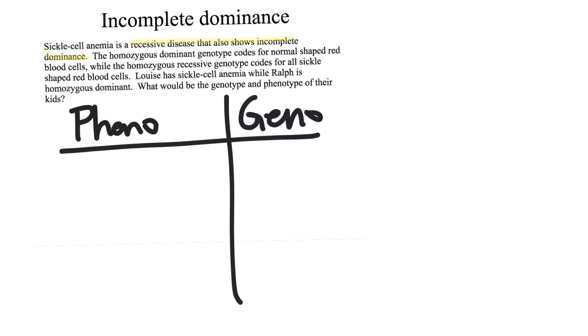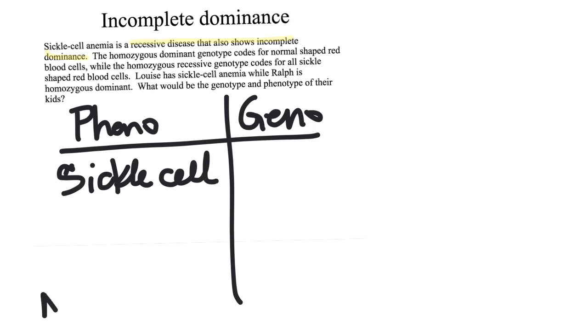This one will be a little bit more complicated than that, but that's generally the idea. So for the phenotypes, you can have sickle cell. That's one option. Or you cannot have sickle cell, no sickle cell. And I'm purposely leaving a blank in the middle for a reason. But those are our two general phenotypes.